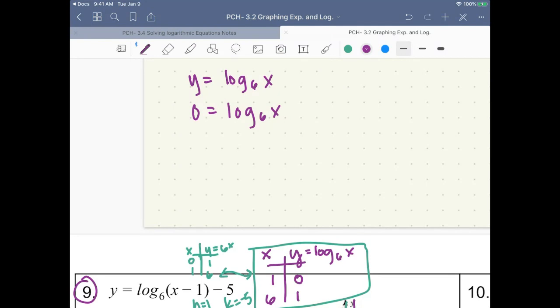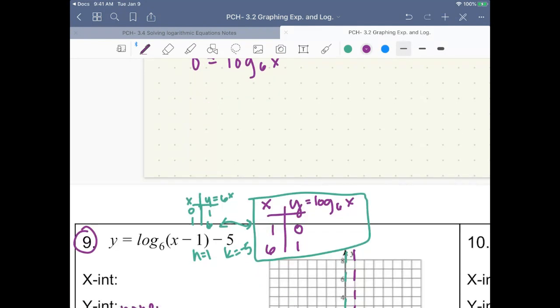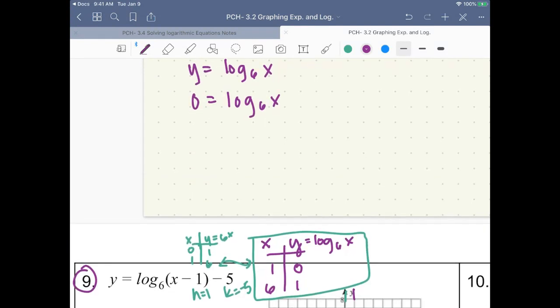Oh wait, sorry. I forgot this whole part about the transformation. Y equals log base 6 of x minus 1, minus 5. Okay, so I'm going to add 5. I get 5 is equal to log base 6 of x minus 1. And then I'm going to go ahead and change the form to 6 to the 5th power.